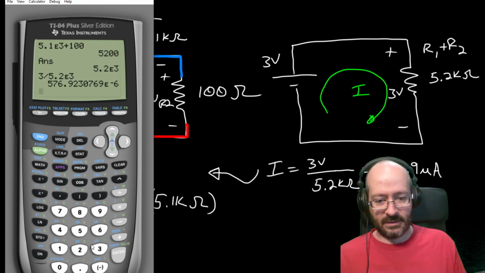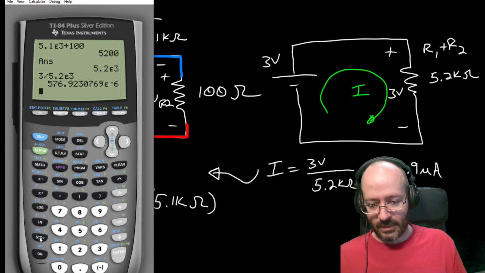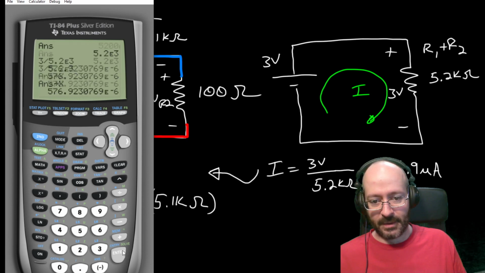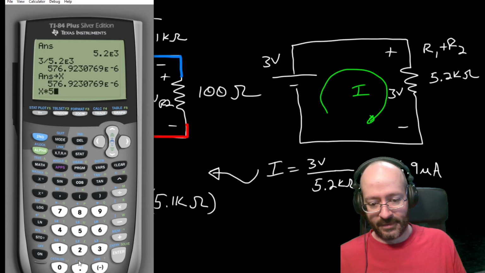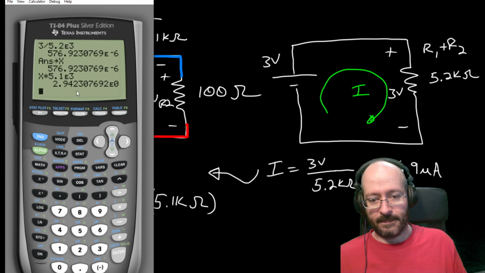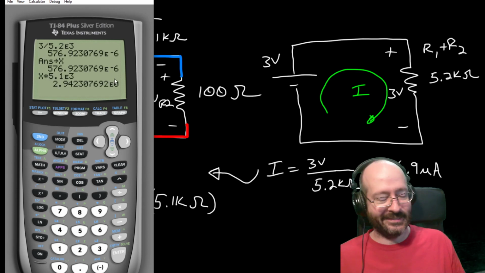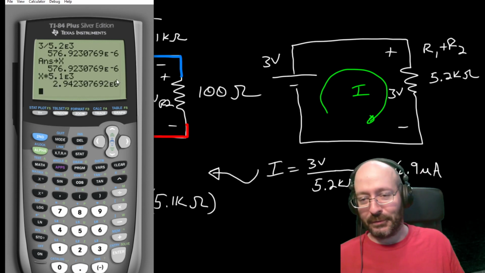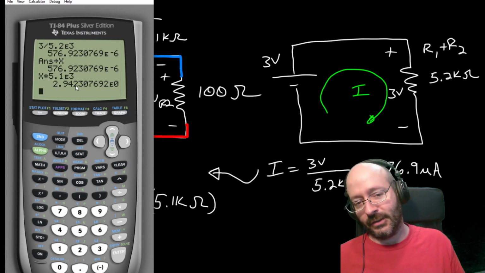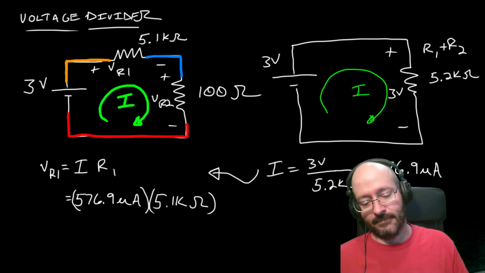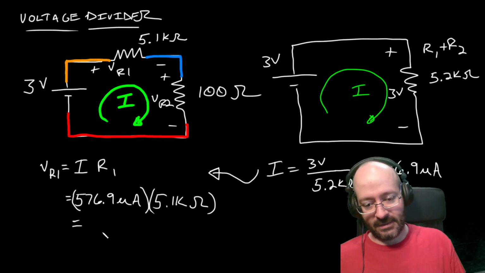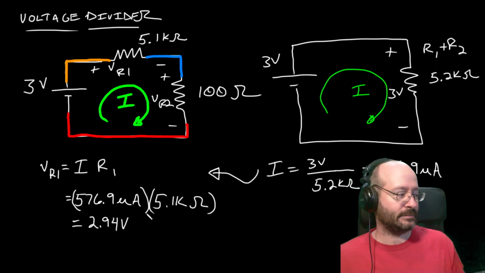That's our current. I'm going to store that in a variable for safekeeping. So whatever that current is times 5.1K, and we get 2.94. That's not a big change. It's almost 3, right? 2.94, and I'll do a little bit of rounding. So VR1 is equal to 2.94 volts.